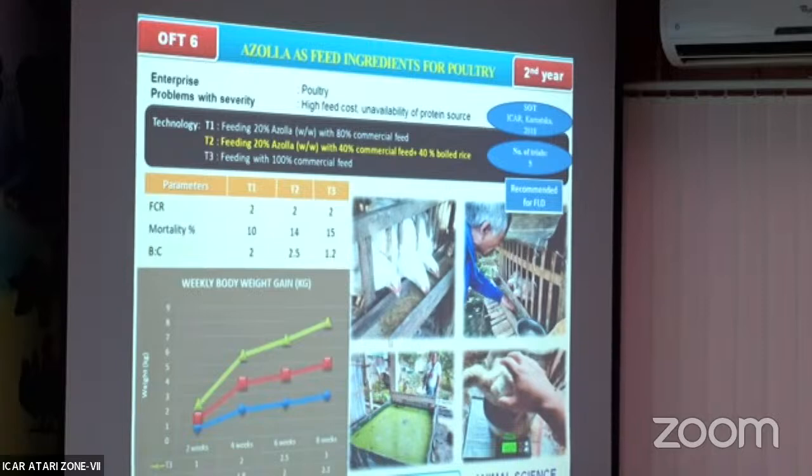As I've stated, my Kendra is located around 3.5 hours drive by Sumo or Bolero, so farmers are facing lots of problems. We tried this in previous years with T1 and T3, but as per the SAC recommendation, the house requested us to take up feeding of 20% azolla with 40% commercial feed plus 40% boiled rice.